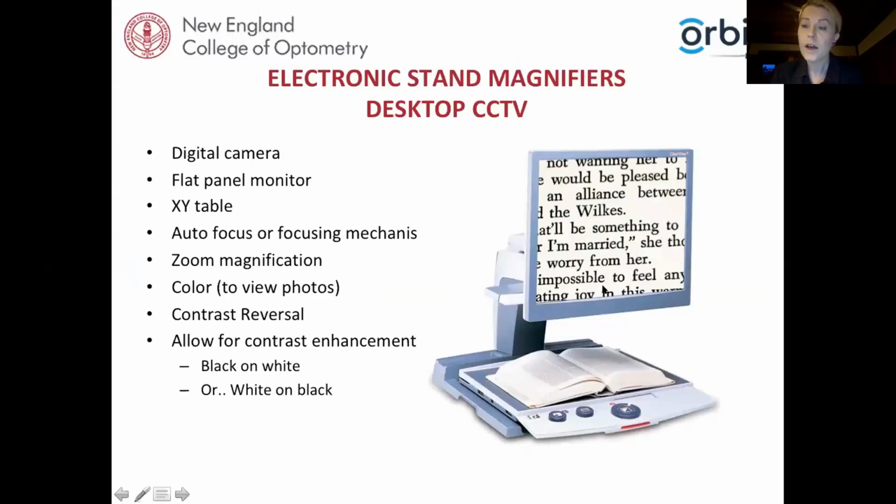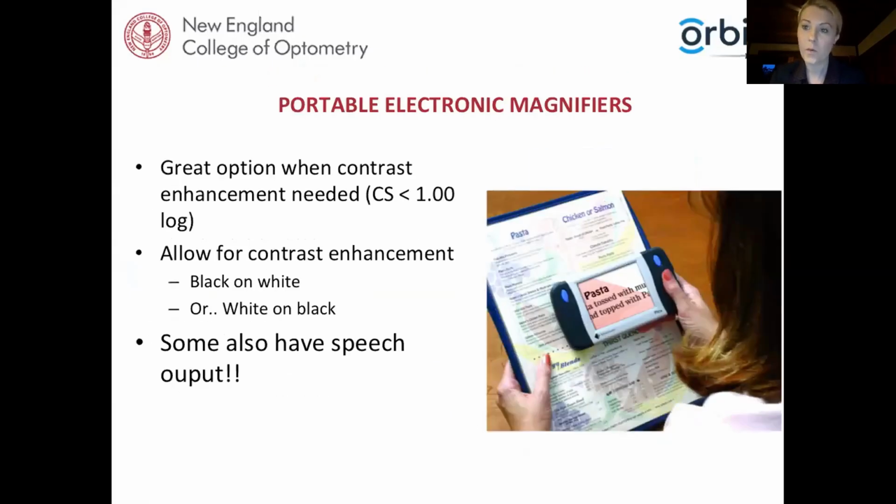And so electronic magnifiers can provide some contrast enhancement, and they can provide much larger fields of view than optics can typically produce. And there are many portable versions of these as well that are readily available that, again, allow for that contrast enhancement, a larger field of view, and also to be there in more portable situations, in this case, reading a menu.